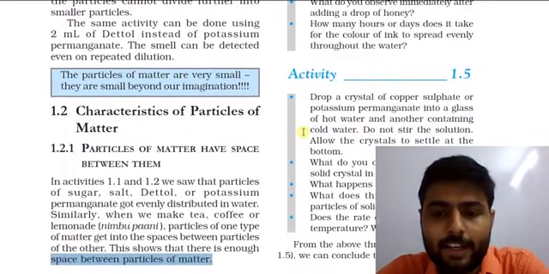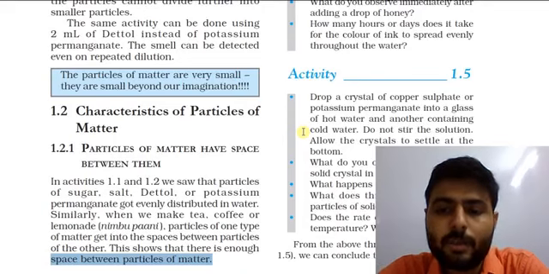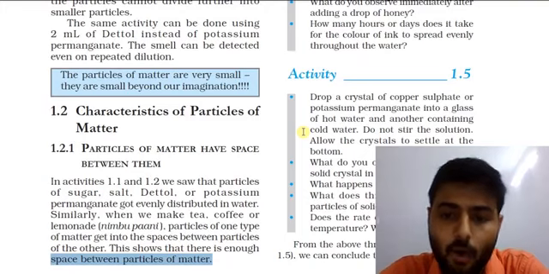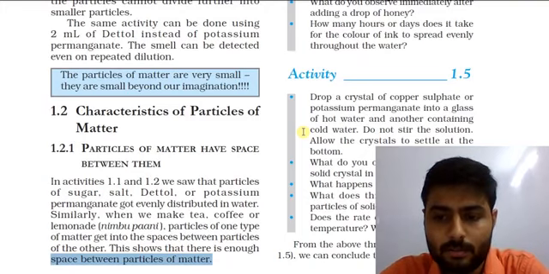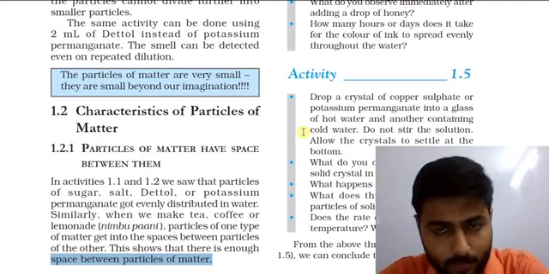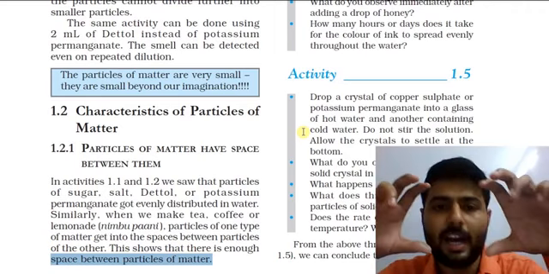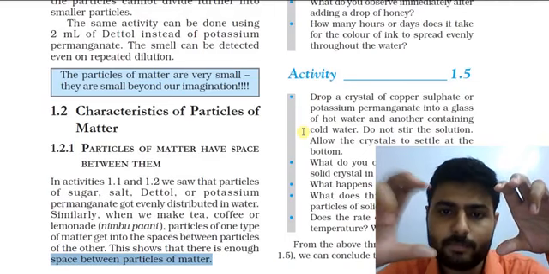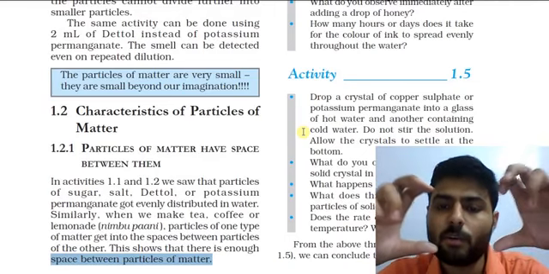We have another activity. Drop crystals of copper sulfate or potassium permanganate into a glass of hot water and another containing cold water. We have two glasses with water. In one glass we have hot water and in the other we have cold water.